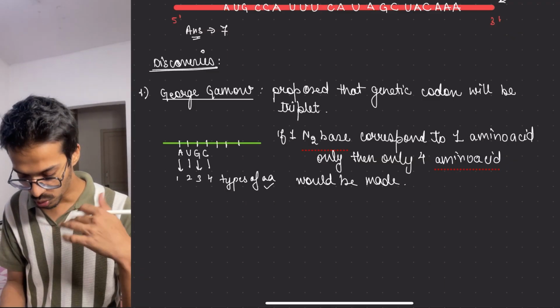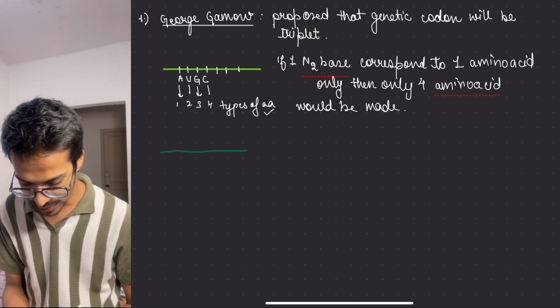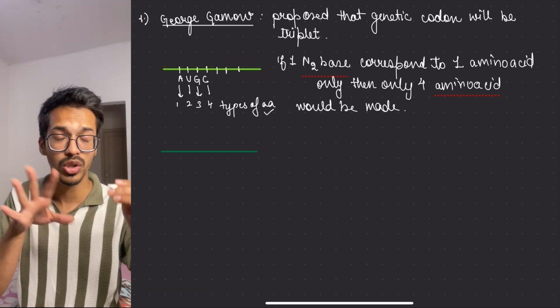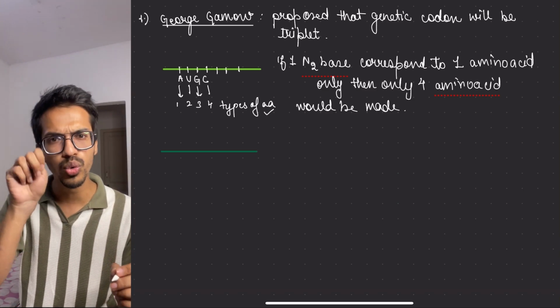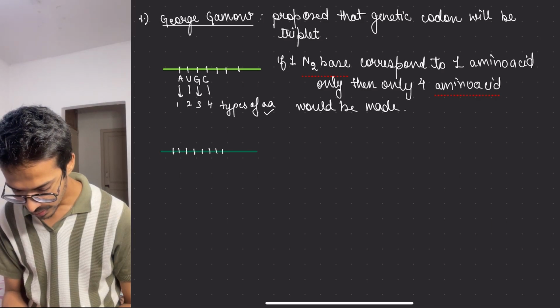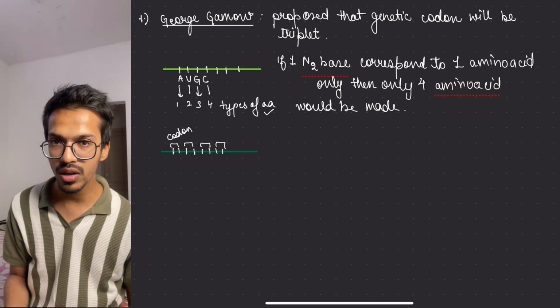Okay, if this is not the case, then what is the second option? If it's not 4, then can we take 2? So 2 is acting for a codon. Now, what option is there?